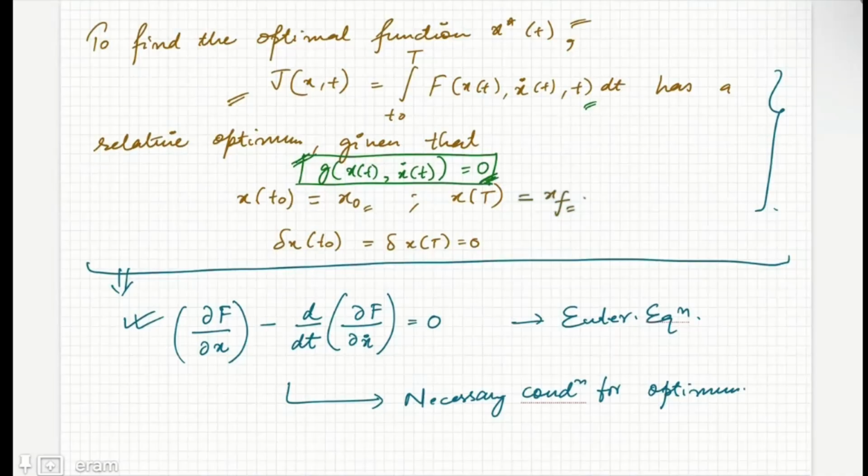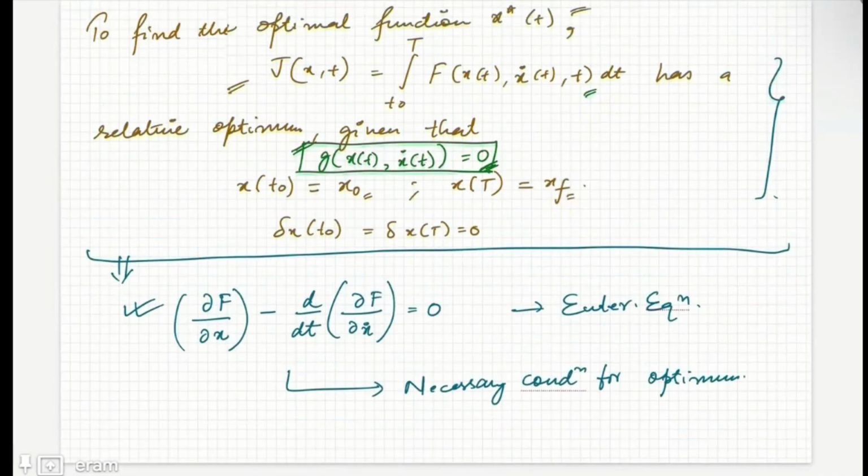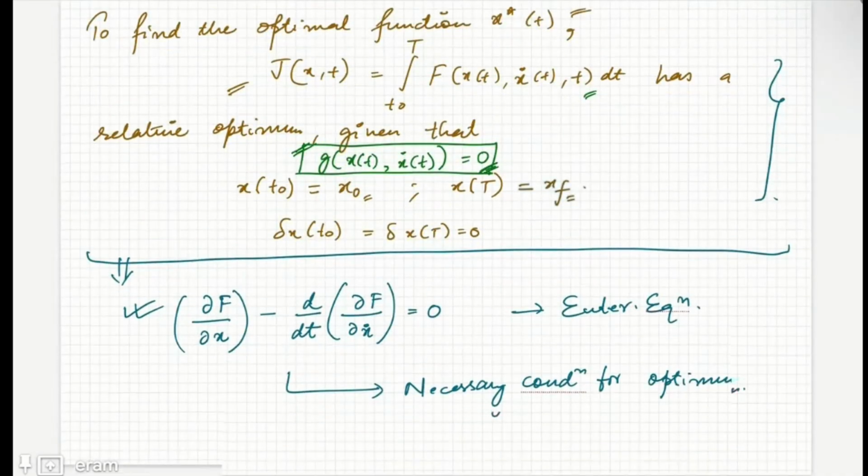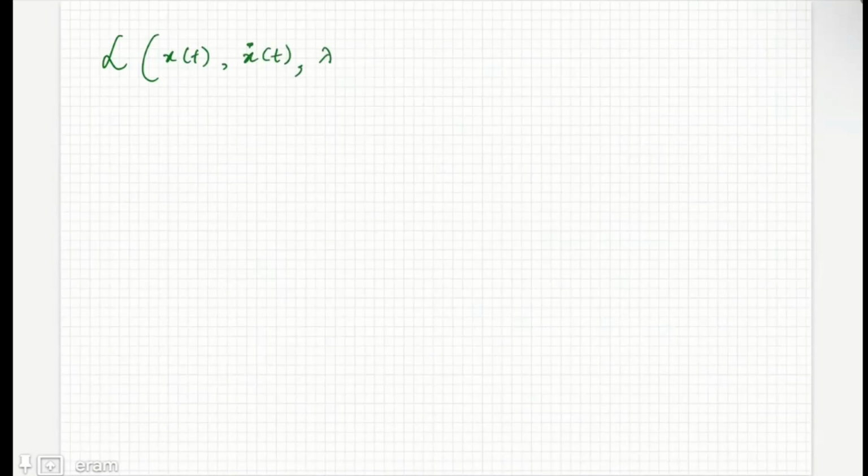conditions. So when we have this constrained problem, we can convert this constrained problem to the unconstrained problem by defining the Lagrangian. So we define the Lagrangian L, which is obviously a function of state xt, x dot t, and we introduce a variable lambda which we call the Lagrange multiplier, and obviously it can be a function of time t also.